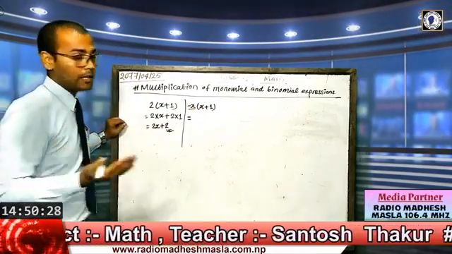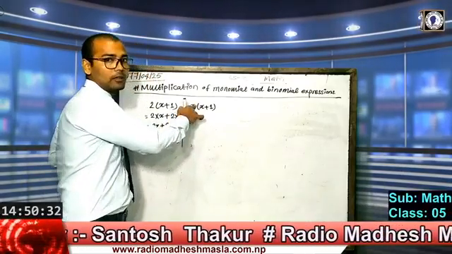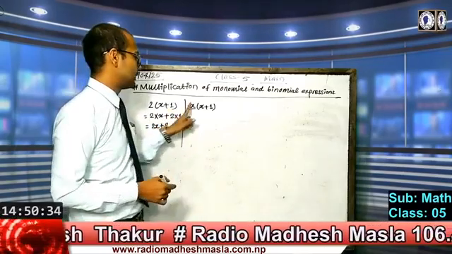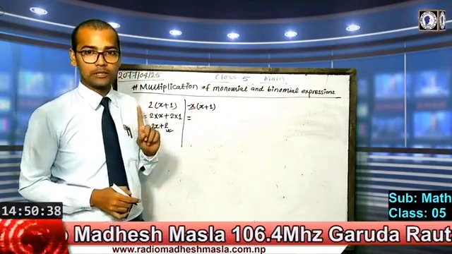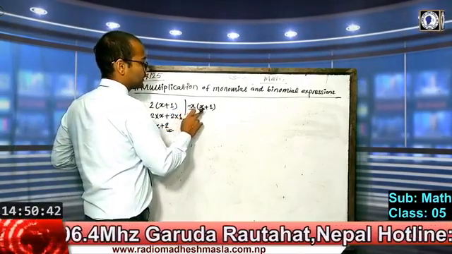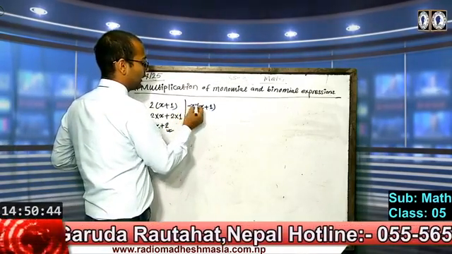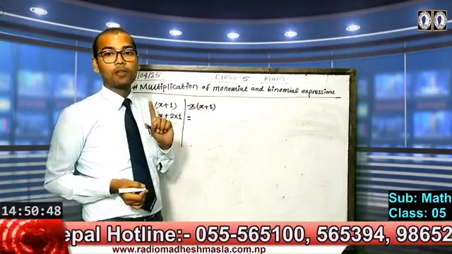As you know, if there is no sign, it means there is a multiplication sign. Don't forget about this. If there is no sign between the monomial and binomial expression, it means there is a multiplication sign. So here minus x into x plus 1, where in front of x there is no sign, it means there is a plus sign.